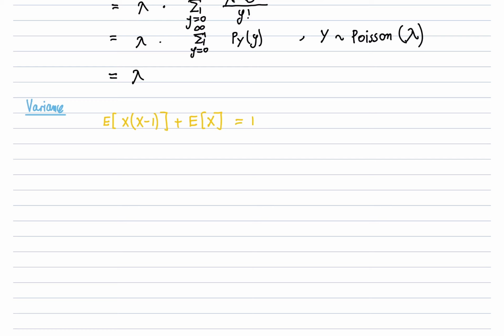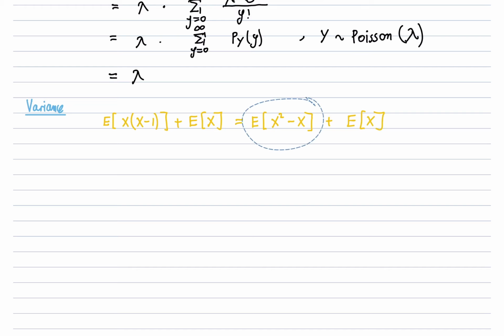because if we expand the first term here, we get the expected value of X squared minus X, plus the expected value of X at the end, which doesn't change.